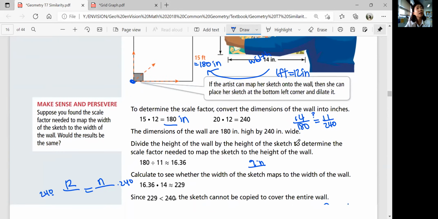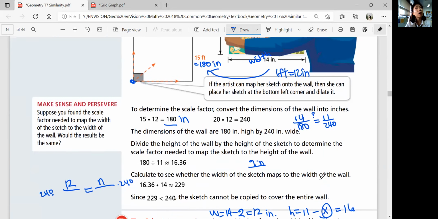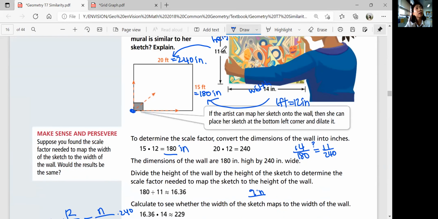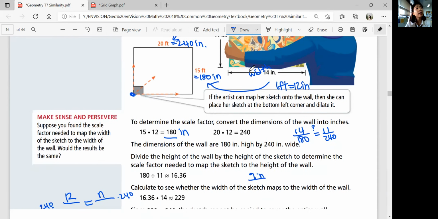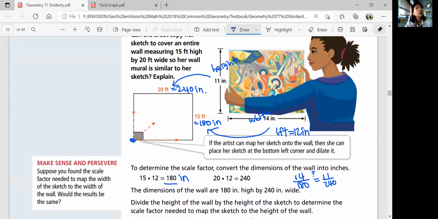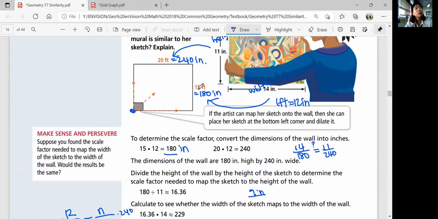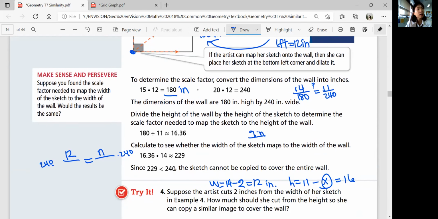So we subtracted 2 from the width, 14 minus 2. Okay, we did that part right. Height, 11 minus something. But the proportion that we made, height, 9. Oh, wait, no. The width, which is 12 now, must be proportional to 180.